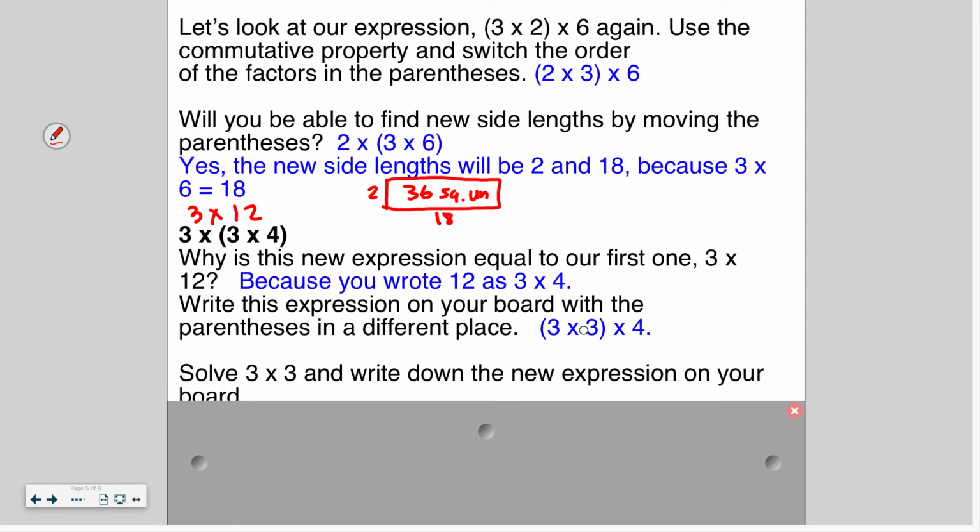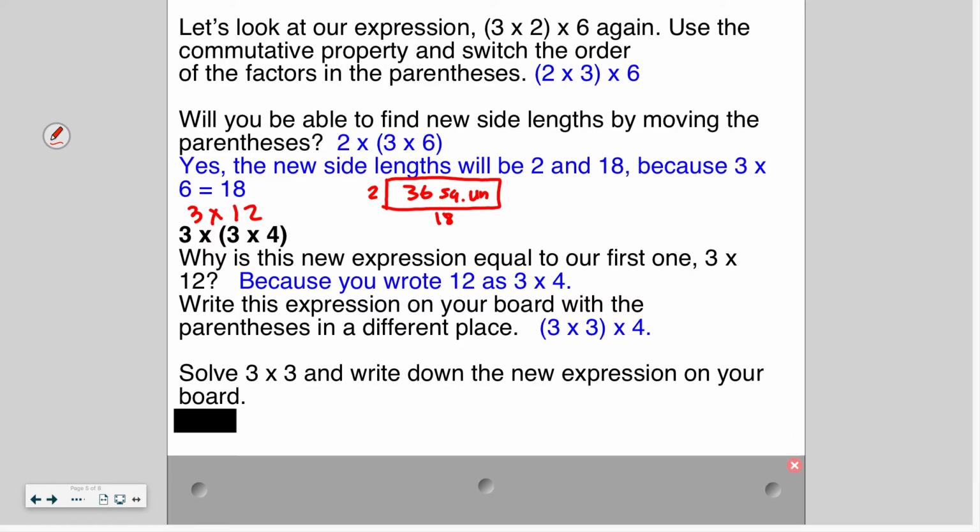If we solve the 3 times 3 and keep the 4, what would this new expression be now? Right, so you should have found 9 times 4. So that is yet another rectangle that also has an area of 36 square units.